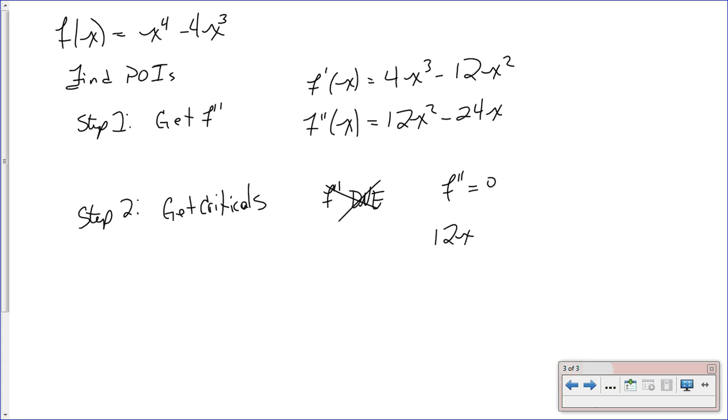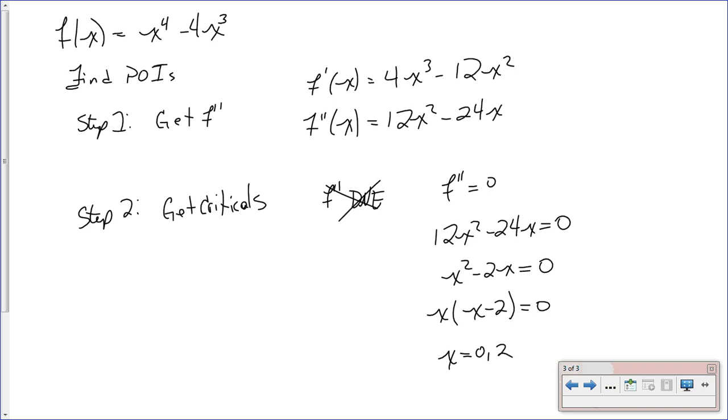So we're going to take the 12x squared minus 24x, set it equal to 0. You can divide by 12, getting x squared minus 2x equals 0. Factor out an x, and you get x times x minus 2 equals 0. So you get x equals 0 and 2 for our critical values.